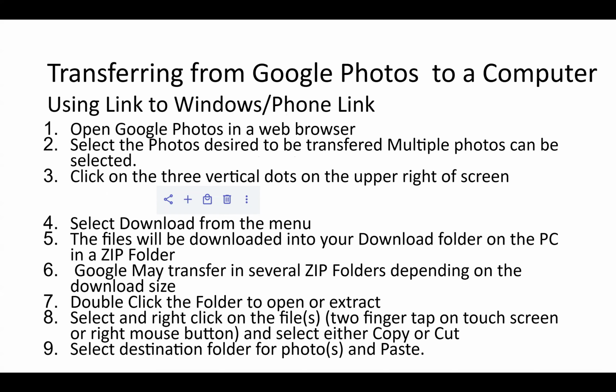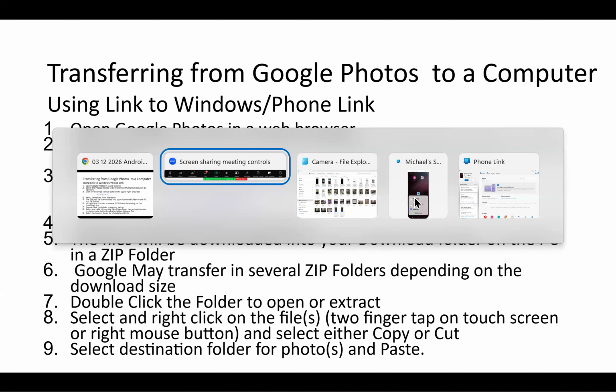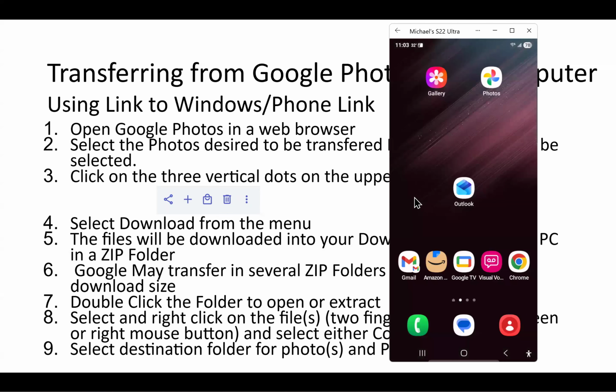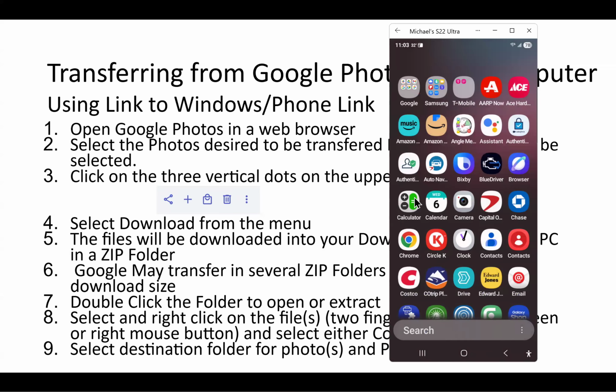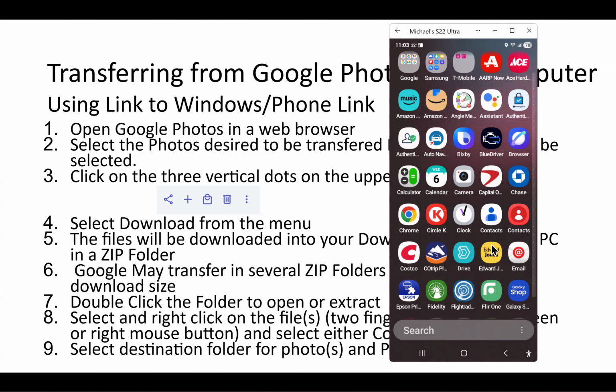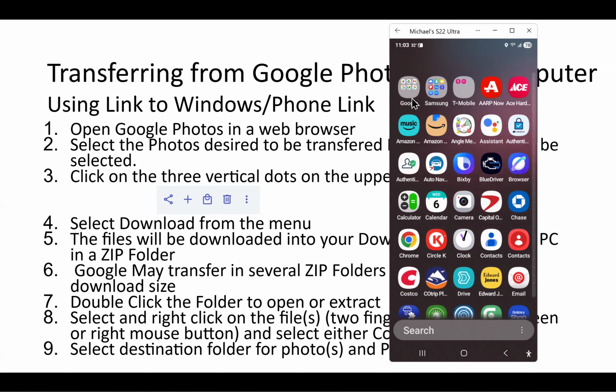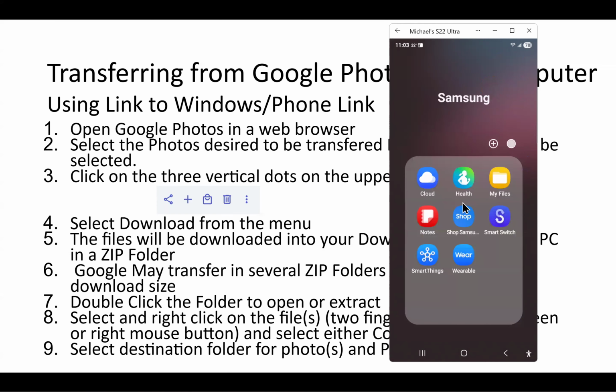Okay, I'm going to show you where you find the trash. If you go into your apps, if you're Samsung, you'll find the Samsung folder, or if you scroll through your apps, you may find one that says Files. There's also a Google Files, but I'm using the Samsung one. It says My Files.